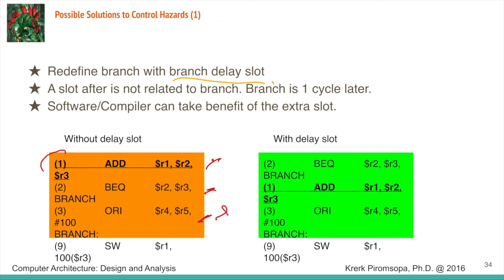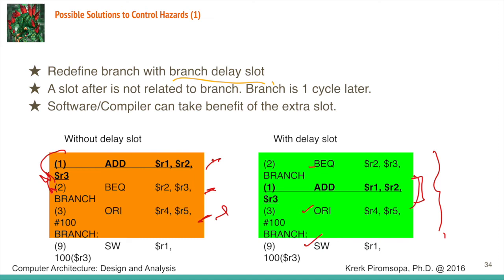Since we know that instruction number 1 has nothing to do with the branch, why not just move it down after the branch? So you would get the one on the right hand side. The delay slot means the instruction after the branch has nothing to do with the branch. So the branch would decide to go with 3 or 9, not 1.